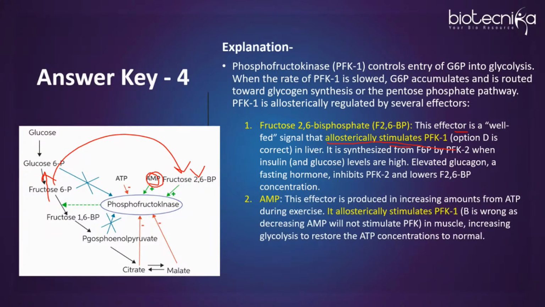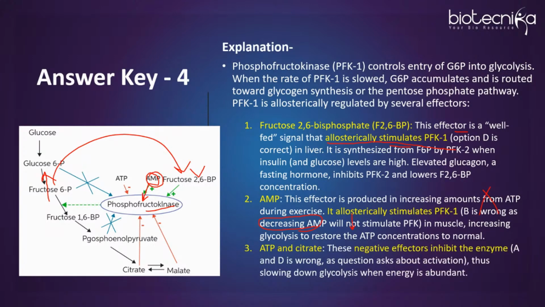Increased AMP will activate phosphofructokinase, but they asked about decreasing AMP. Decreasing AMP will not be able to stimulate, because higher AMP is what stimulates. So B is wrong.